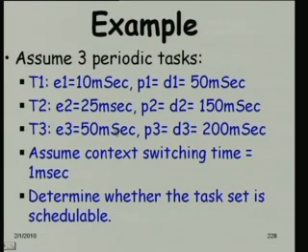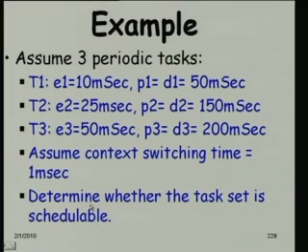So, if we ignore the context switch time here, we may not be doing all right. We might arrive at a decision about schedulability which can turn out to be wrong, because the context switching time is comparable to the task execution times.